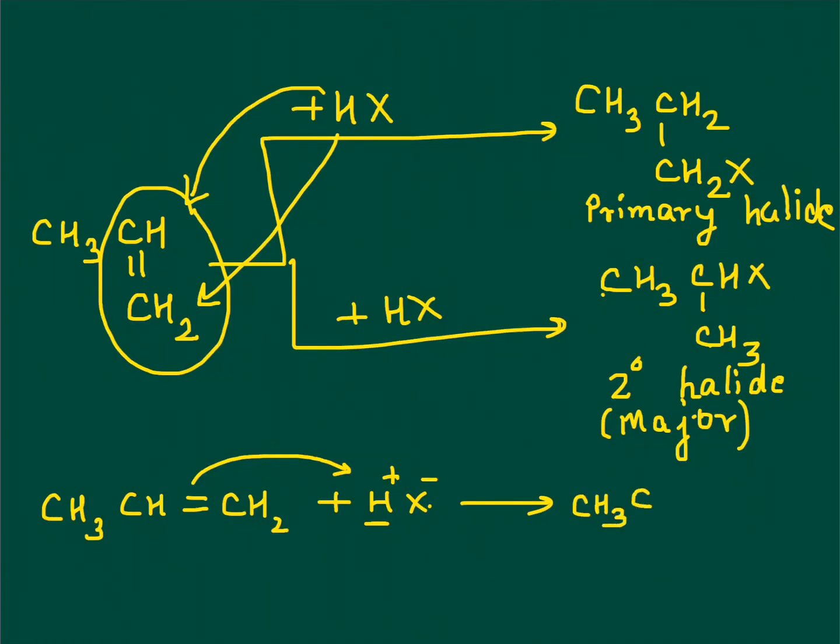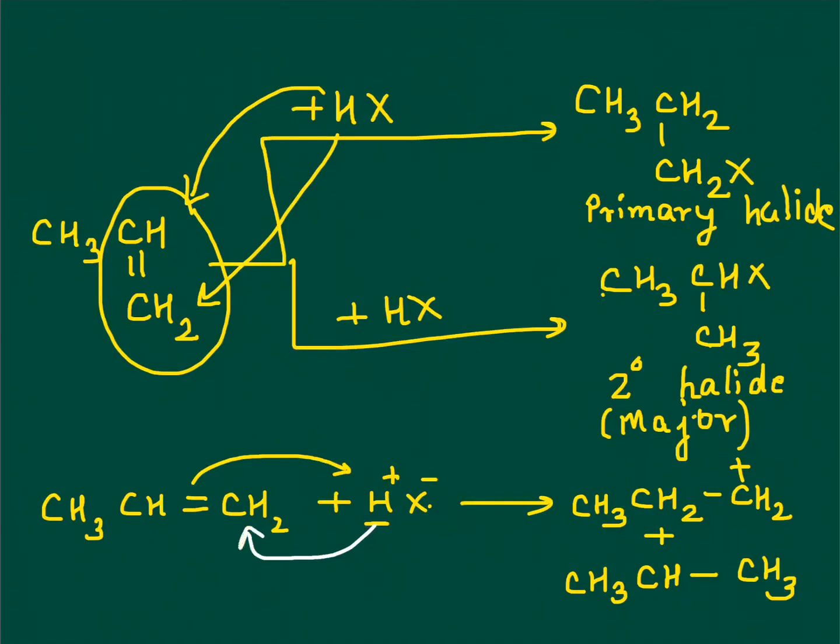So we could have the hydrogen attaching at this carbon, whereas the first carbon gets a positive charge, or we could also have CH3 over here, the hydrogen going to the first carbon atom, with the result this second carbon has the positive charge.